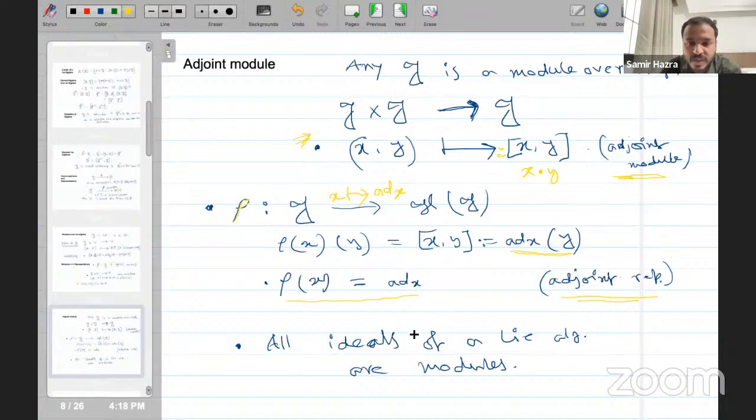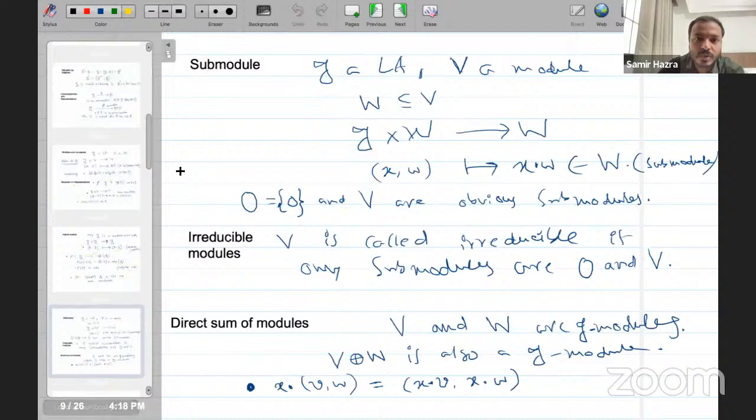Any other module? Yes, for any Lie algebra G, if it has any ideals, then all the ideals are also modules over G for obvious reasons. Now, if we have a Lie algebra G and V a module, and W is a subspace of V, then we can define a submodule.